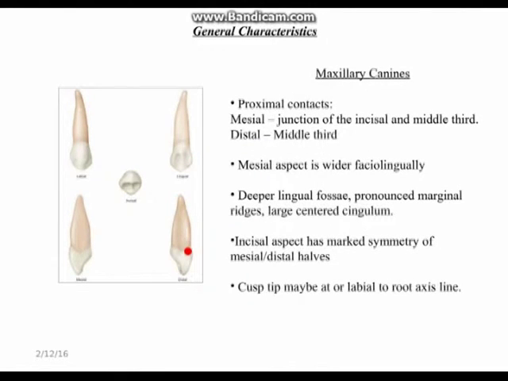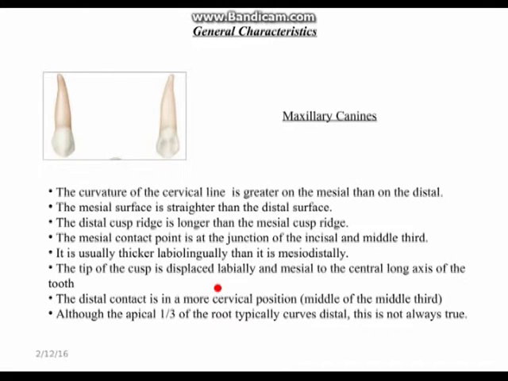The cervical line is greater on the mesial, right here is the mesial, than on the distal. You can see it's deeper, okay? The mesial surface is straighter than the distal surface. We already talked about that because the distal surface has that convexity in the middle third and then the concavity on the cervical third, while on the mesial surface, it's going to be flat or straighter.